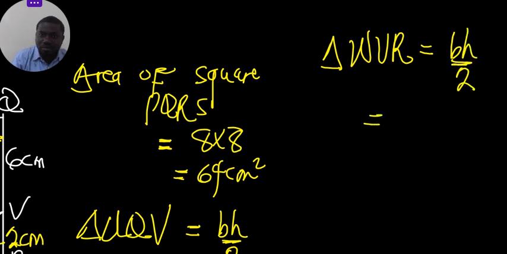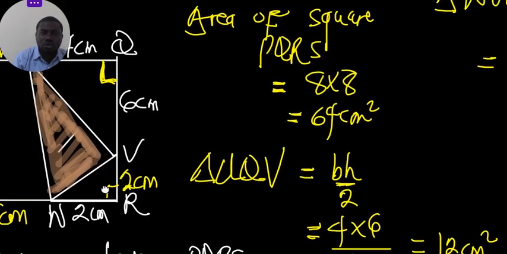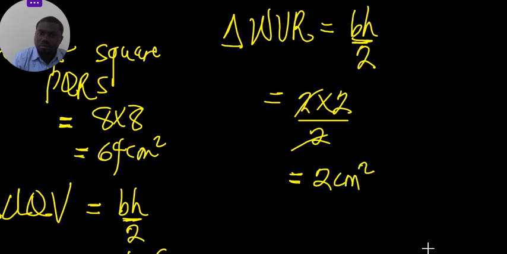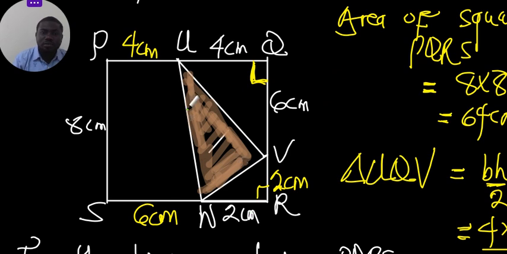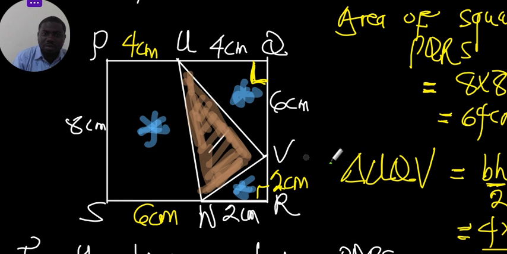And base times height, that's 2 and 2 divided by 2. Two cancels 2. That's 2 cm squared. Okay, so I've been able to find this part. We are going to find the total shape. So let's find the area of this other part.